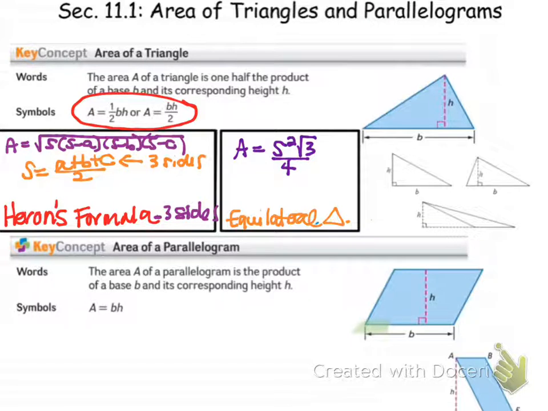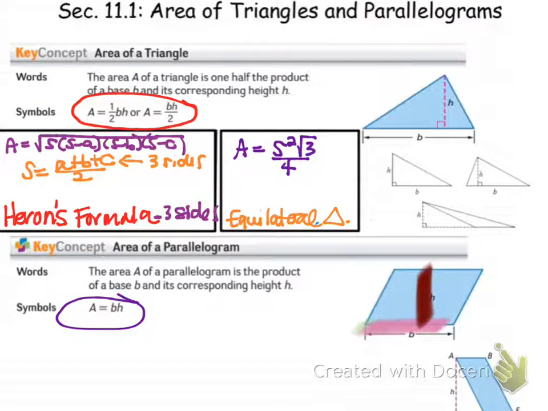Area of a parallelogram is going to be area equals base times height. That might just look a little bit different depending on what your shape looks like. If you look at this parallelogram here, you can see here's my base and here's my height.